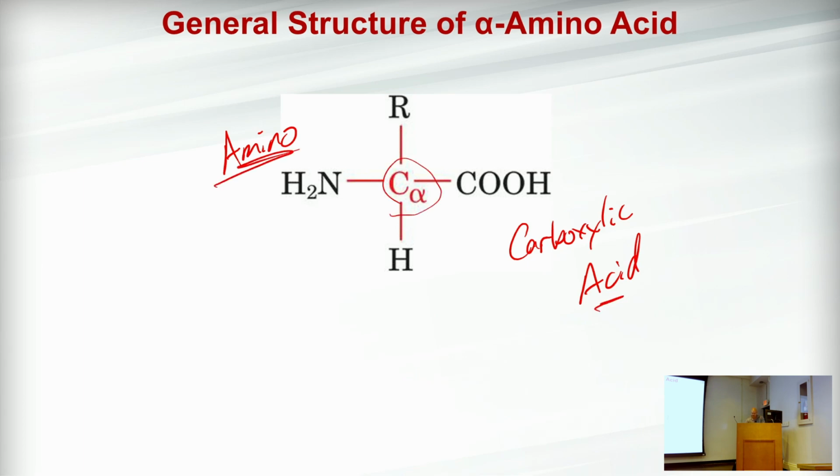You have the C alpha in the middle, a proton, and an R group. Now, if you're looking at this amino and this carboxylic acid, proteins are typically hydrated. They're in water. What happens to this thing if I put it into water? Anybody? It forms a zwitterion. And why does it do that?